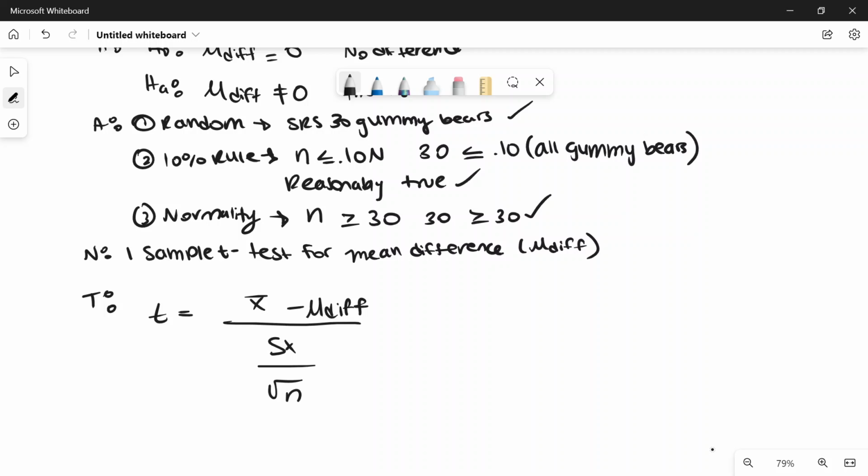Give me one second, I'm trying to double-check something. This is for matched pairs, right? It's the average difference we're trying to find. Yeah, that's what we're trying to find here.